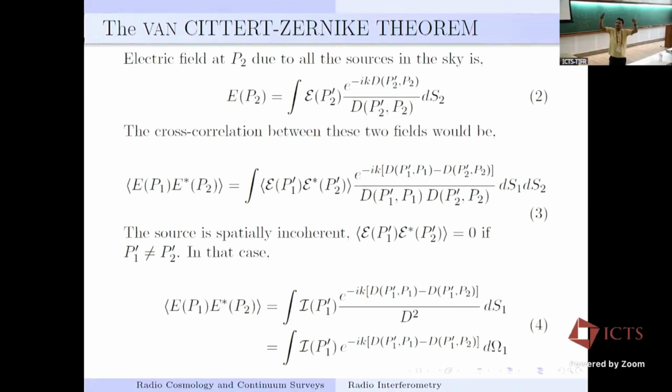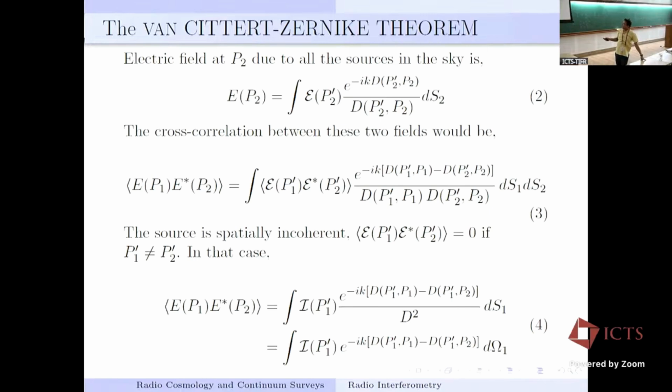So this part, the electric field from here, if I multiply and average, means what? Sometimes this is maximum, sometimes this is minimum, completely random. So this will go to 0, correct? If P1 prime and P2 prime are different, this part will be 0.